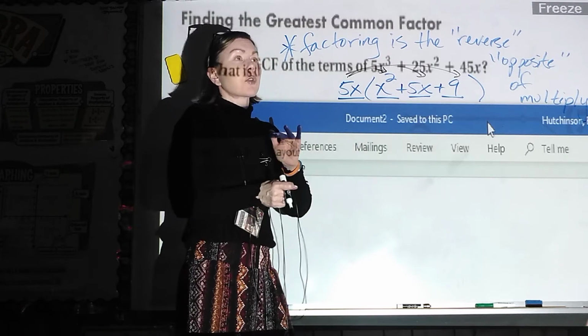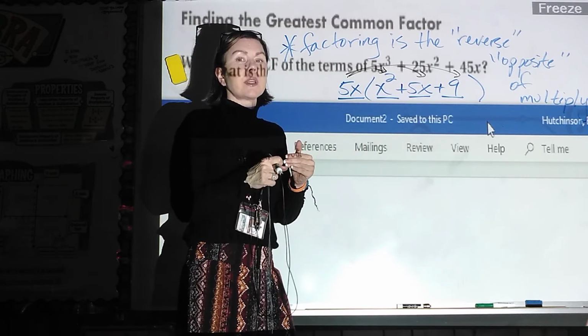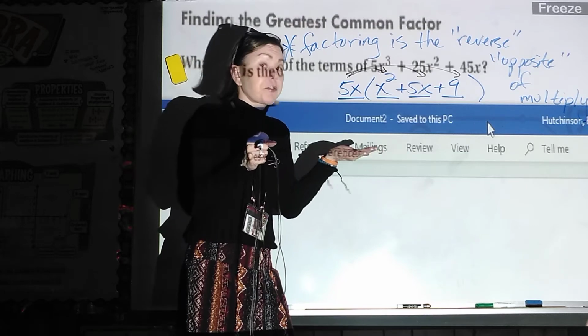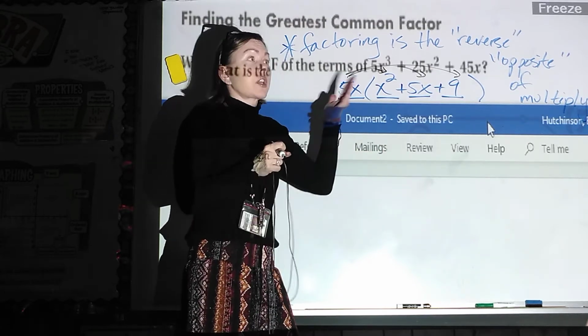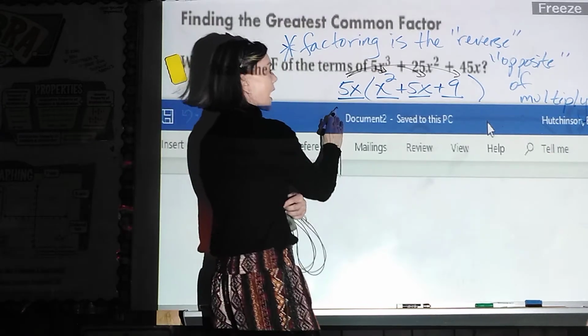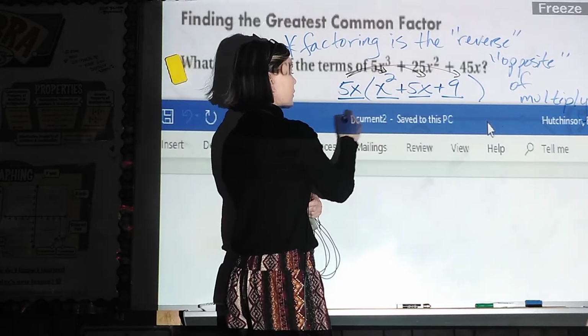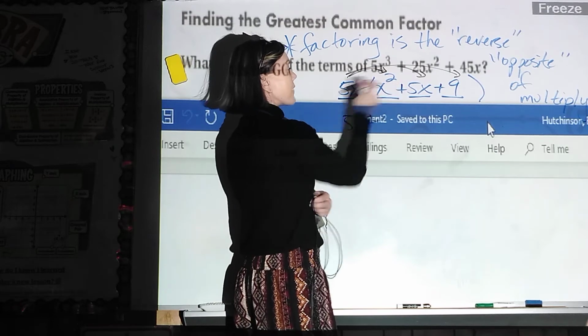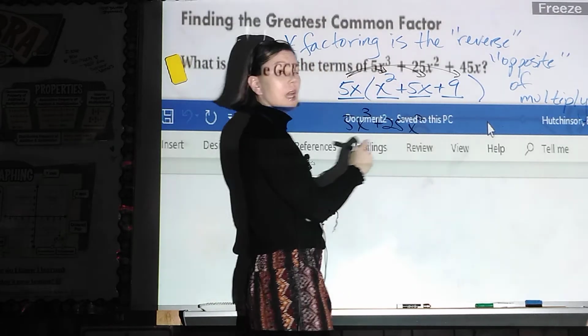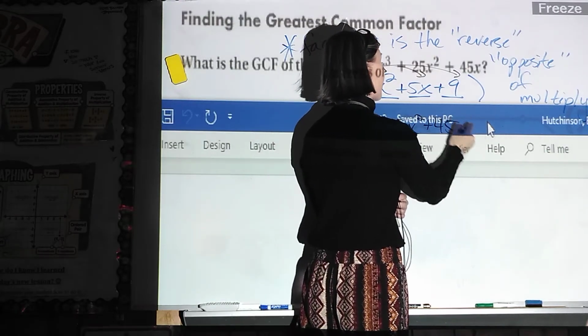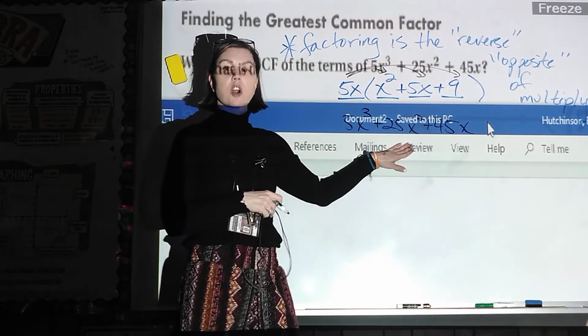So if you're ever wondering if you factored properly, if you got the right answer after factoring, well, just multiply and see if you wind up with where you started, okay? So 5x times x squared is going to give you 5x cubed. 5x times 5x is 25x squared, and 5x times 9 is a positive 45x. So is this where we started?